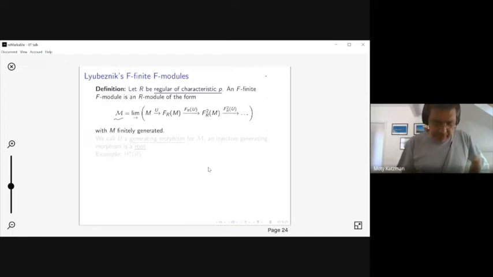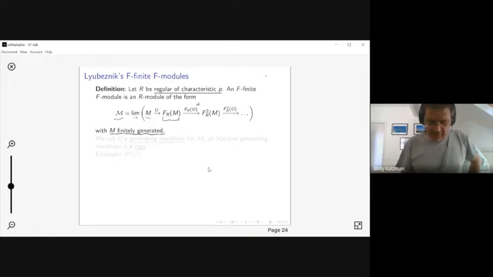You start with a finitely generated module M, and you start with some R-linear map between M and its Frobenius functor. Now you take this map between M and its Frobenius functor, and you apply to it the Frobenius functor. The result is going to be a map from the Frobenius functor of M to the second iterated Frobenius functor of M. And you can keep on doing this again.